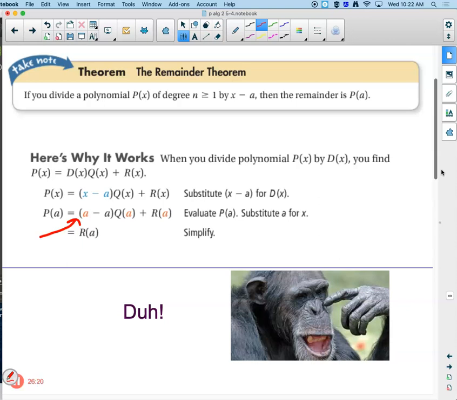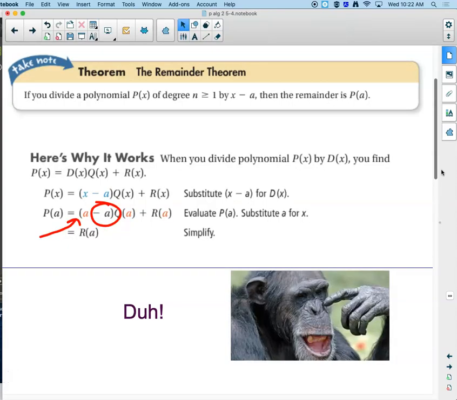I mean, if it says x minus 2 and we put a 2 in here, or x minus 3 and we put a 3 in there, well, then it's going to be 0. So that means all of this portion will be 0, and we'll be left with the remainder. Now, here's what this is useful for.